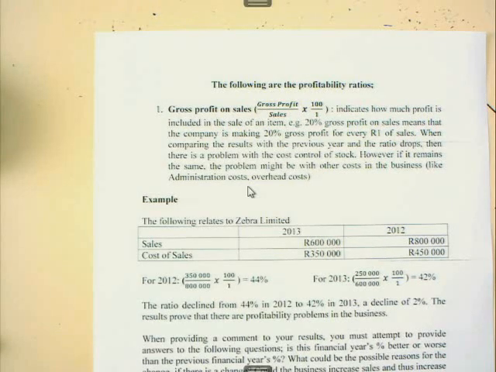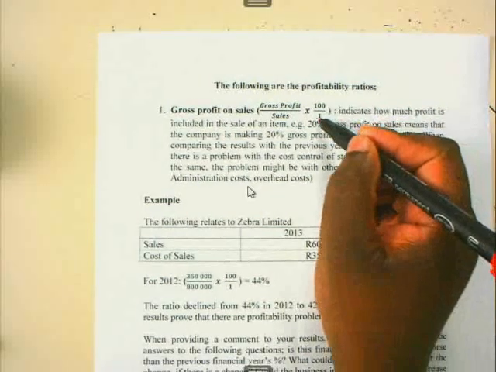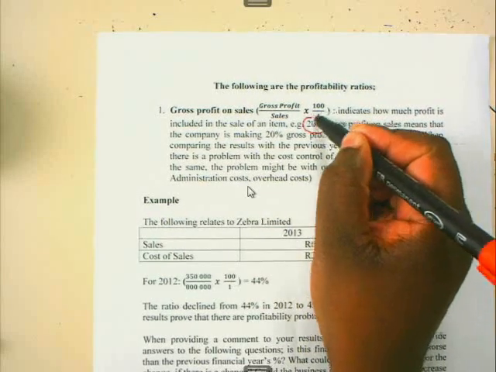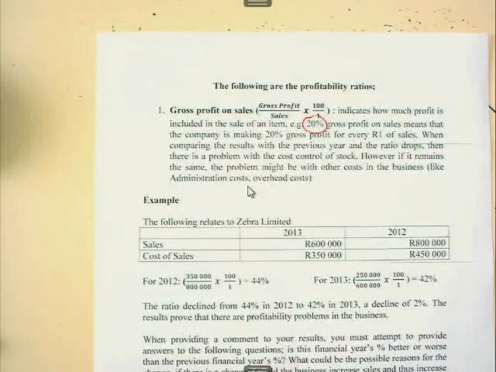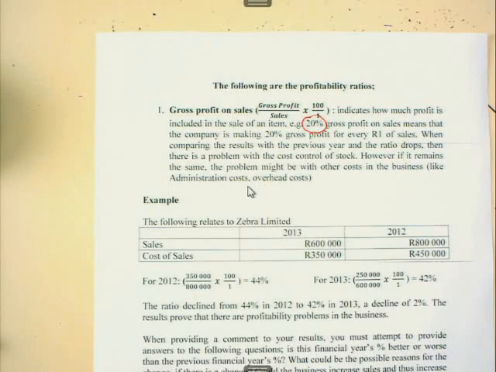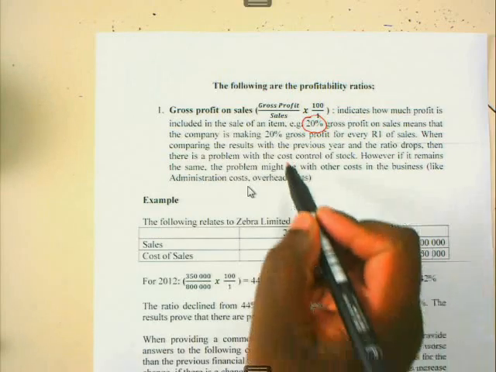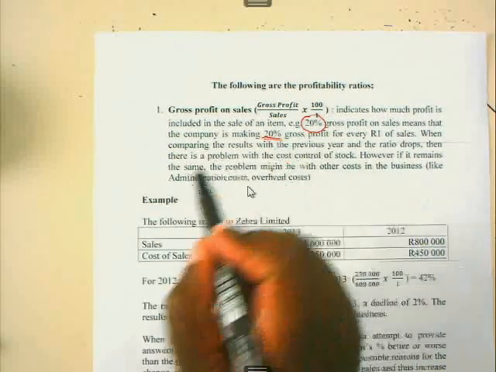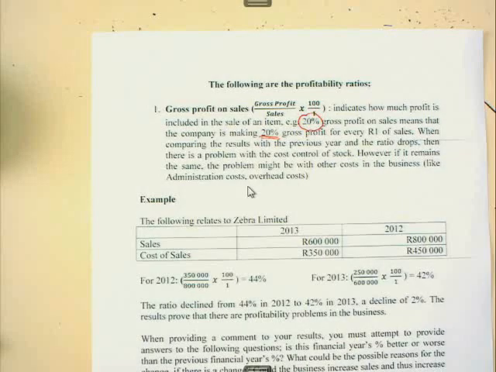Let's make an example. If you calculate and you get a gross profit of 20%, what does that tell you? This means that the company is making 20% gross profit for every 1 rand of sale.